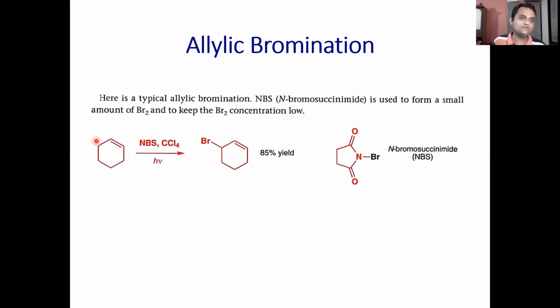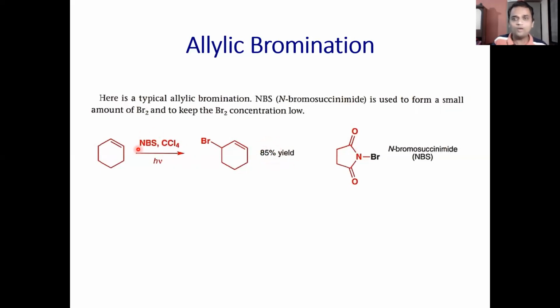Suppose this is our cyclohexene, and it reacts with NBS in the presence of carbon tetrachloride under photochemical conditions. We get allylic bromination here, and the yield is 85%.